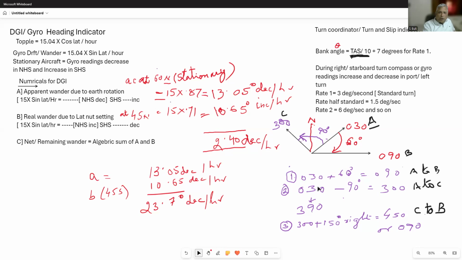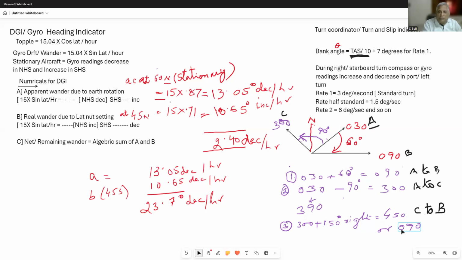So 030 I can write as 390, minus 90, I will say 300. And from this position, you are turning towards the direction of B, 090. It will be a total of 150 degrees turn, 300 plus 150, to the right, I will add. My answer will be 450, and 450 can be rewritten as 090.